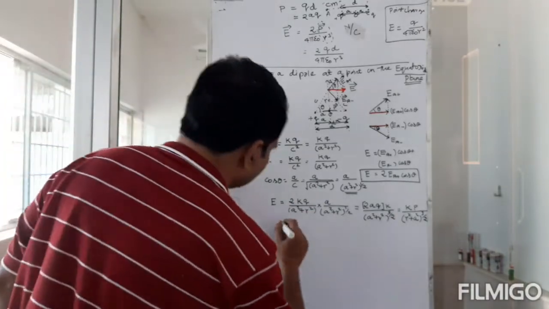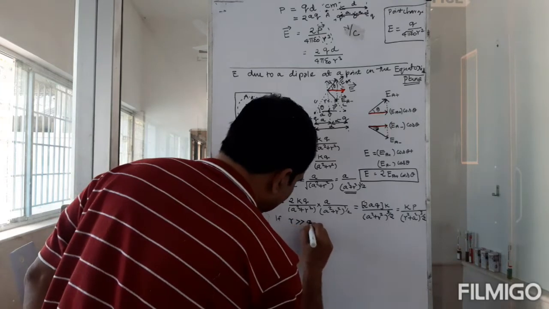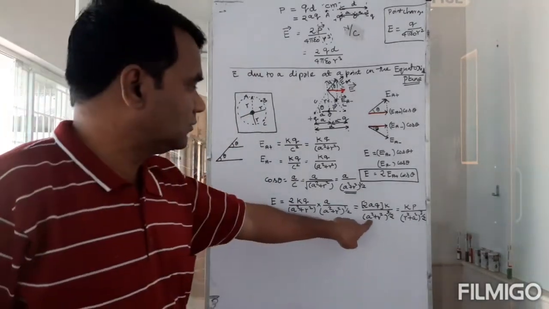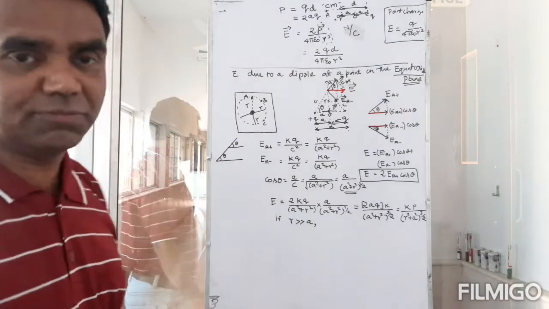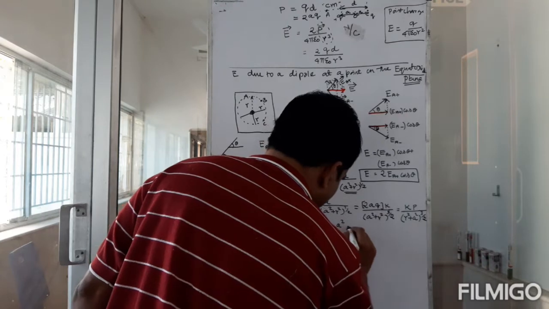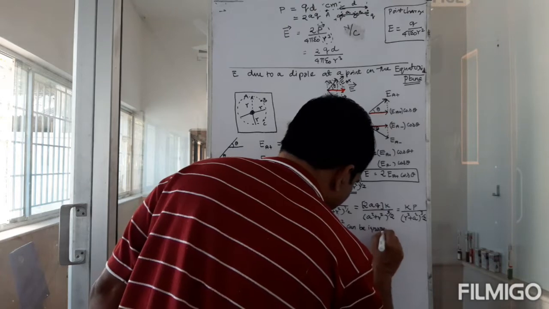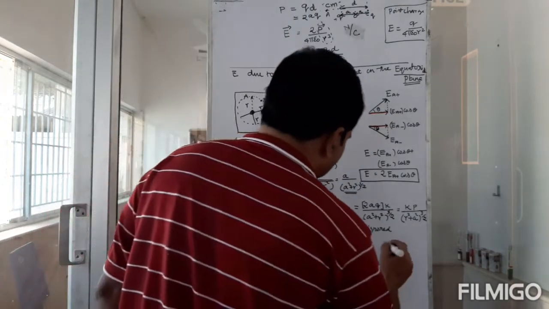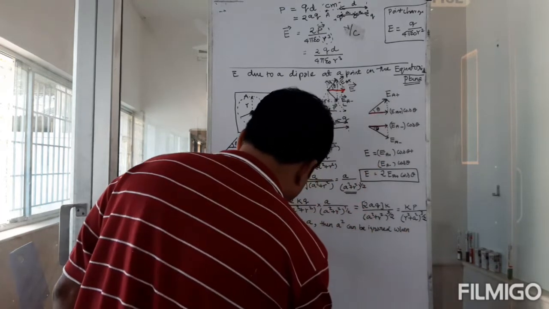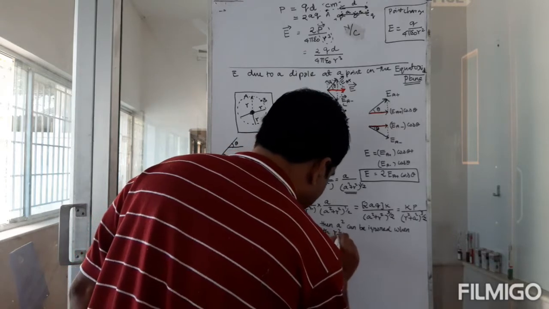So if R is much greater than A, then I can ignore A squared in this equation, when compared with R squared.